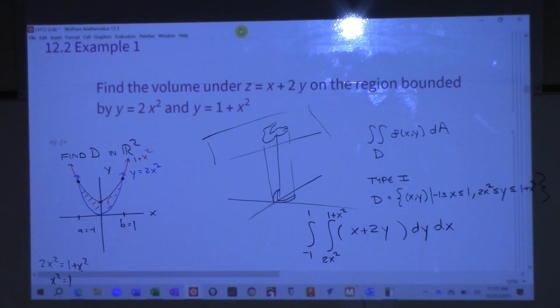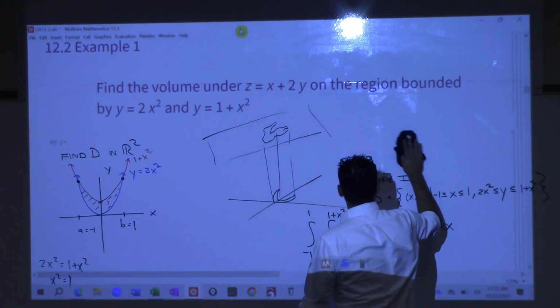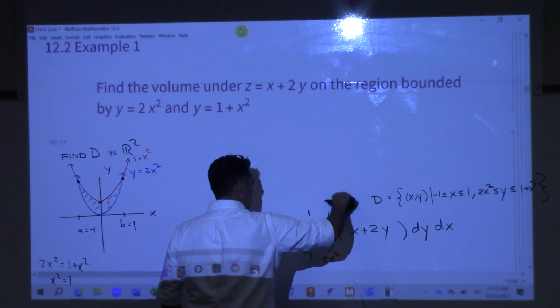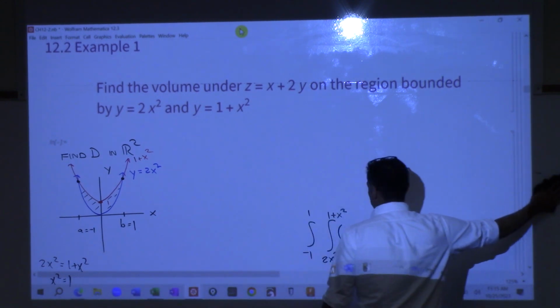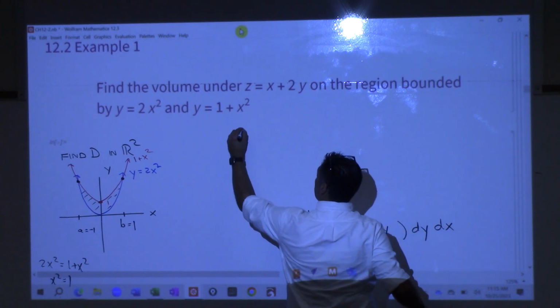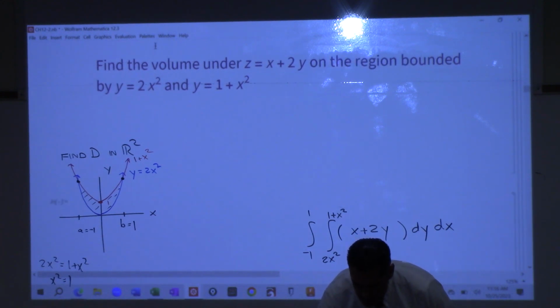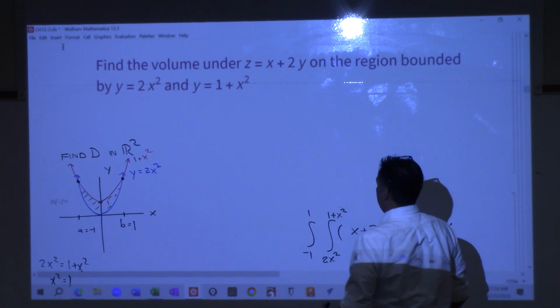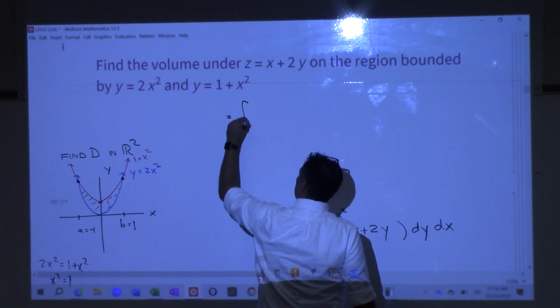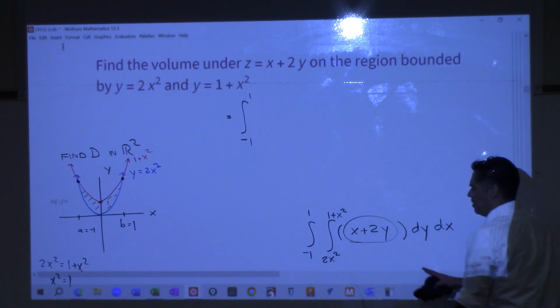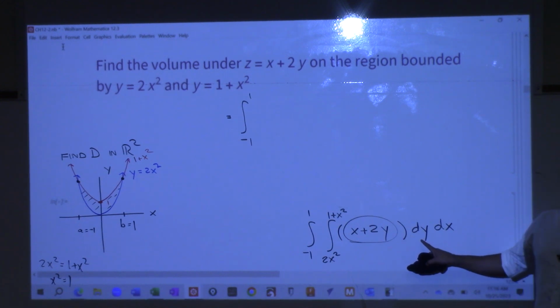I think we can actually evaluate this double integral. This should give us the volume. So when I do this double integral, I'm just going to continue up here and give myself a little more room. I'll have integral from -1 to 1. I need to figure out the antiderivative with respect to y, which means I'm treating x like a constant.